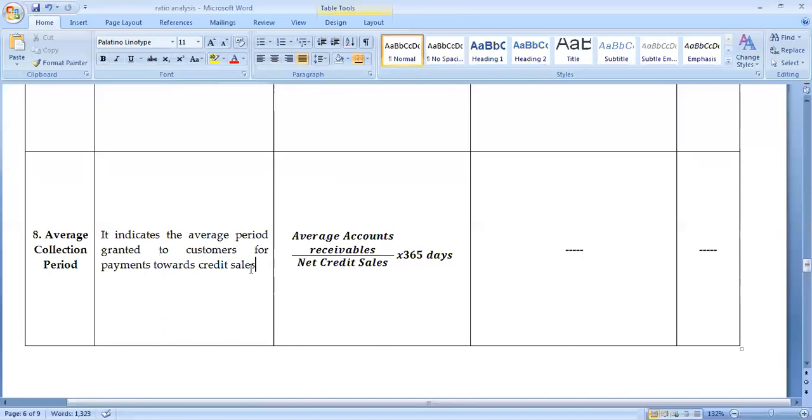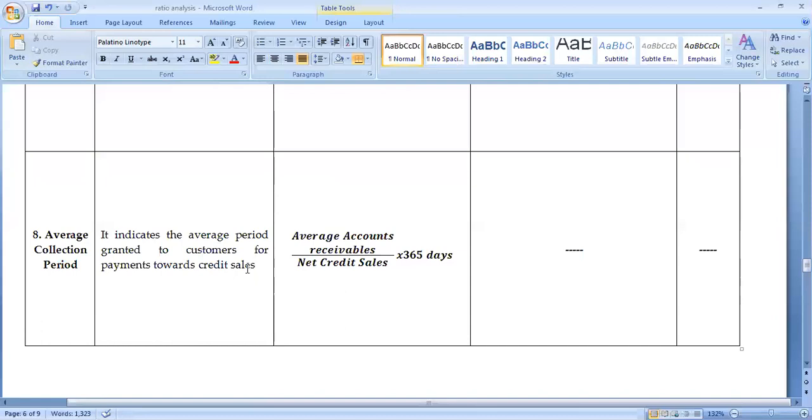Which means, think that you are a customer, you are given a certain duration, for example 3 months, to pay or settle your amount, or 2 months to settle your amount. So you will be calculating how many days or how many months it takes for the amount to be collected, the payments to be collected.